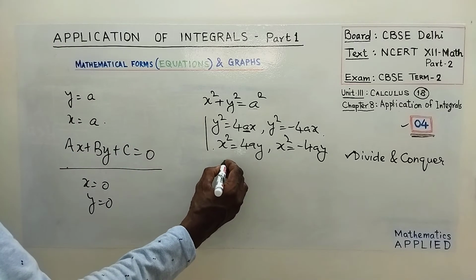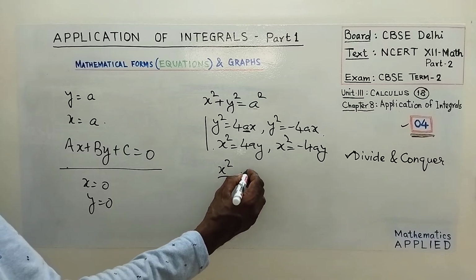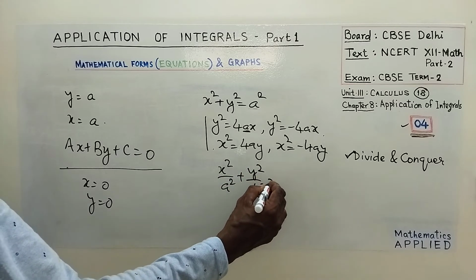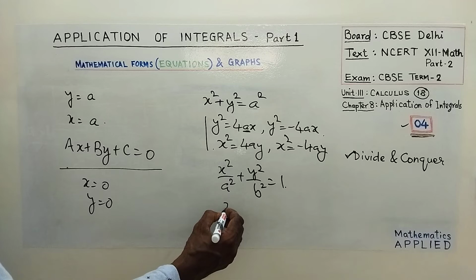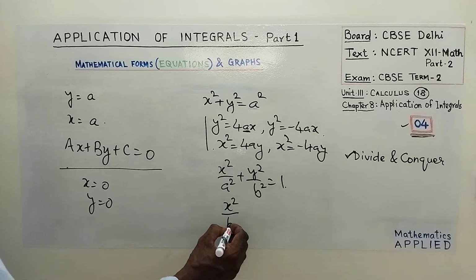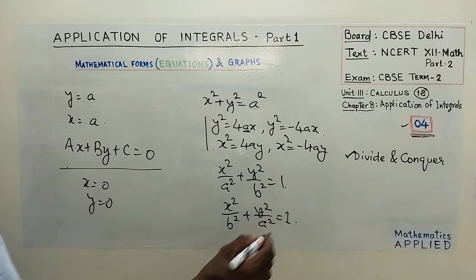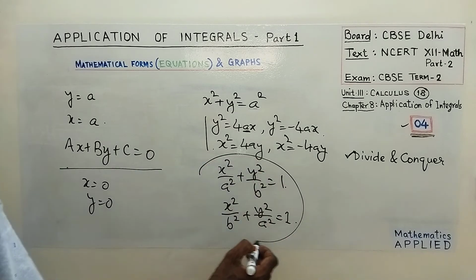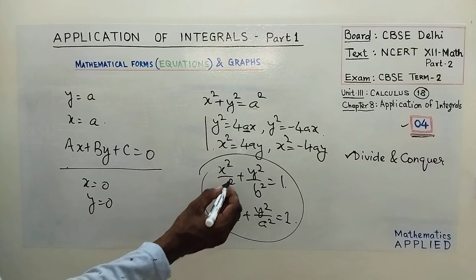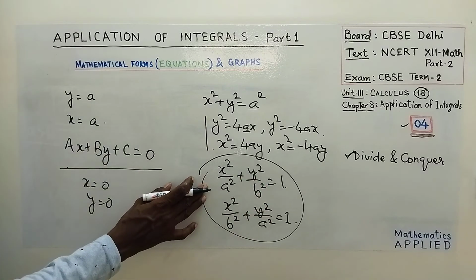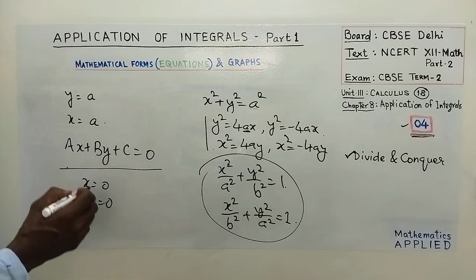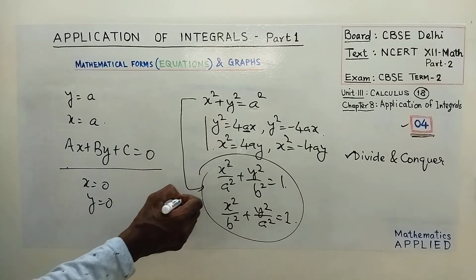And then x square by a square plus y square by b square equal to 1, or x square by b square plus y square by a square equal to 1. Now these equations will not be given in this form. How would you recognize that it is an ellipse? Because your circle also looks like this, isn't it?